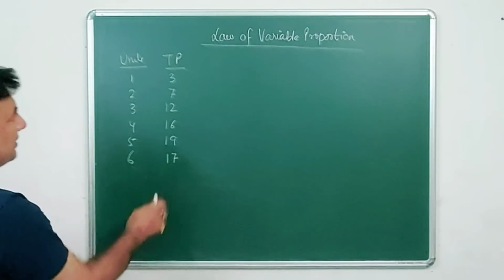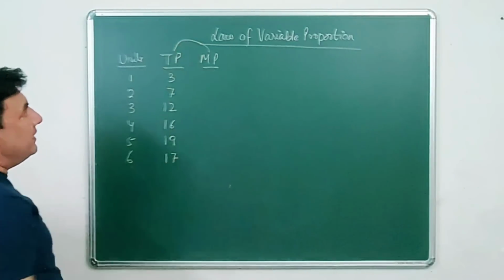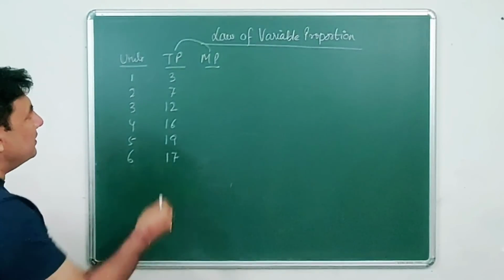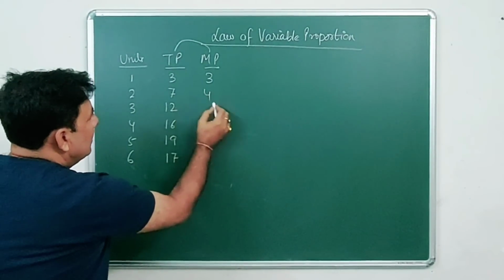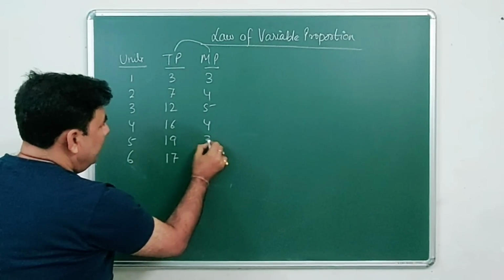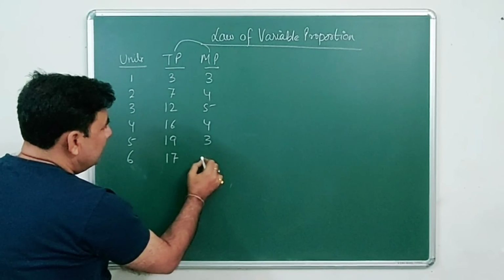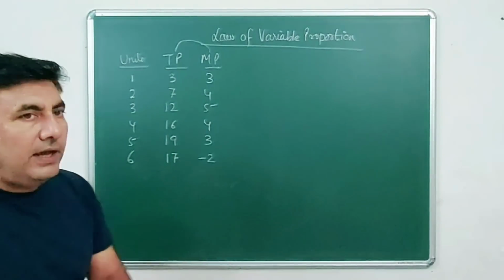Okay, this is units, this is TP. Now find out MP. MP is always calculated on TP. Just now I told you about this. So the first will be the same, and here 4, this will be 5, and then we have 4, 3, and this becomes minus 2, right? So this is MP.